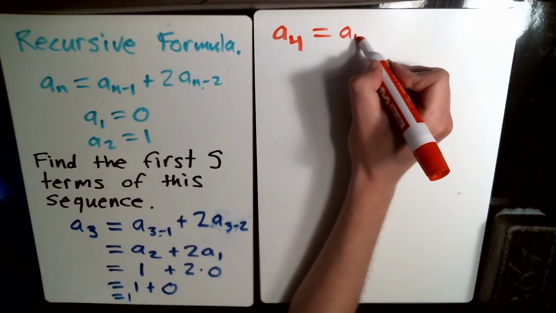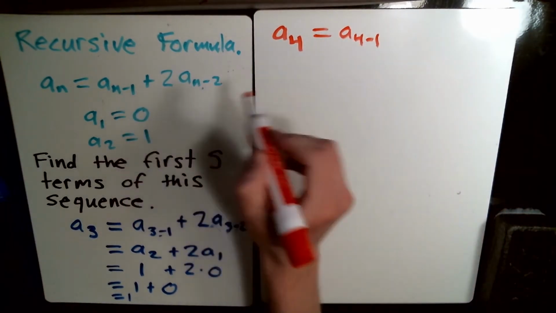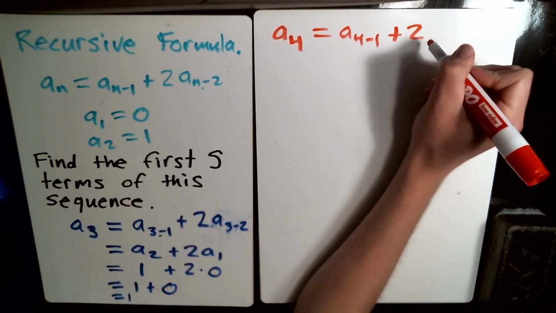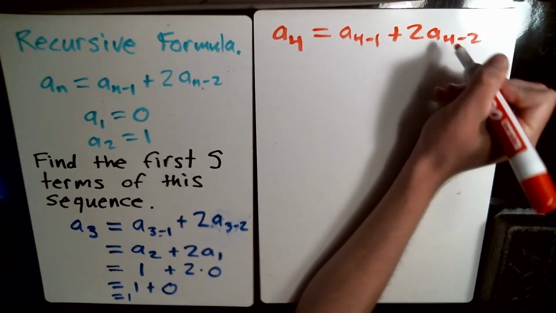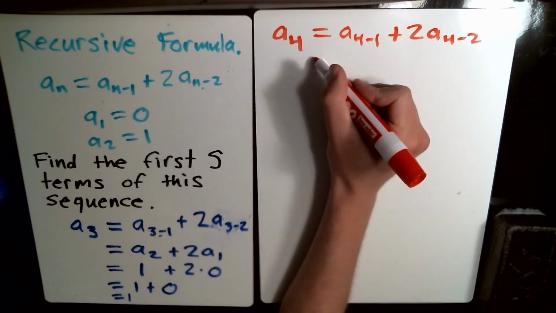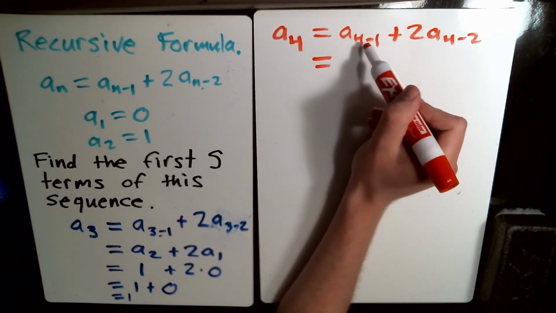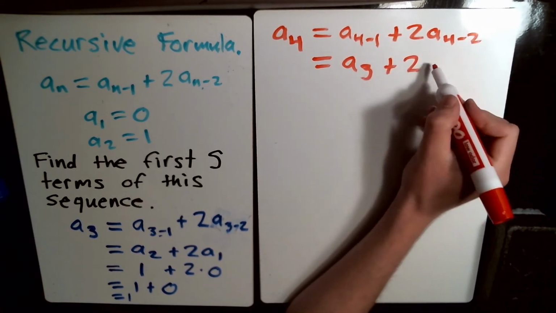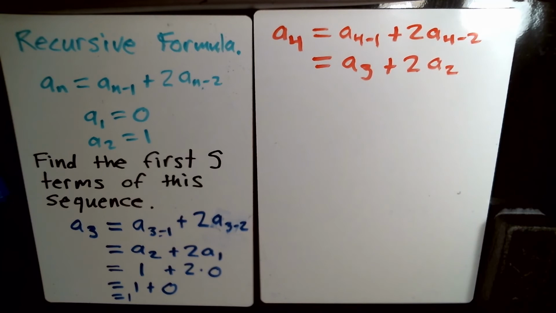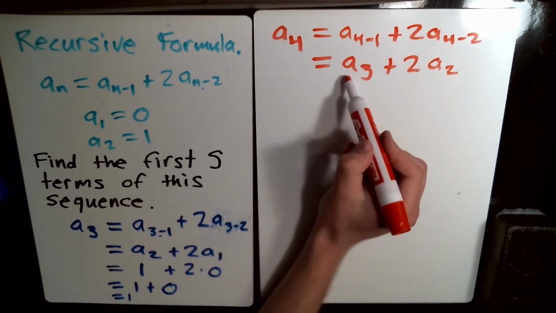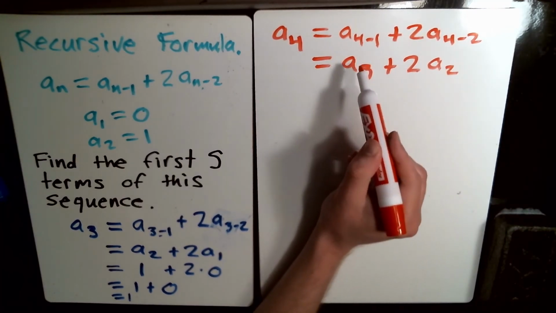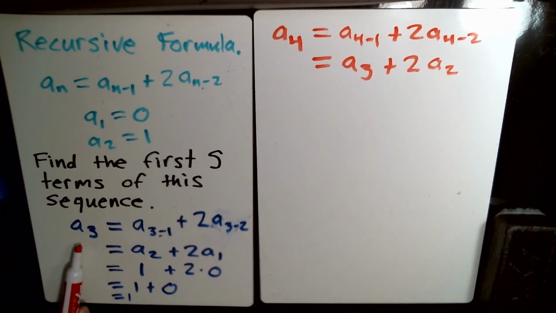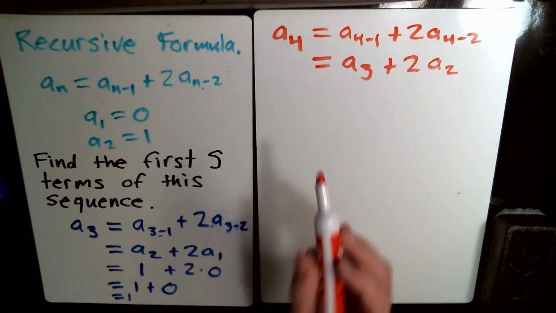So we do a sub 4 minus 1 plus 2 times a sub 4 minus 2. When we subtract these, we get a sub 3 plus 2 times a sub 2. Now all I have to do is figure out what a sub 3 is. Well, we just figured it out.